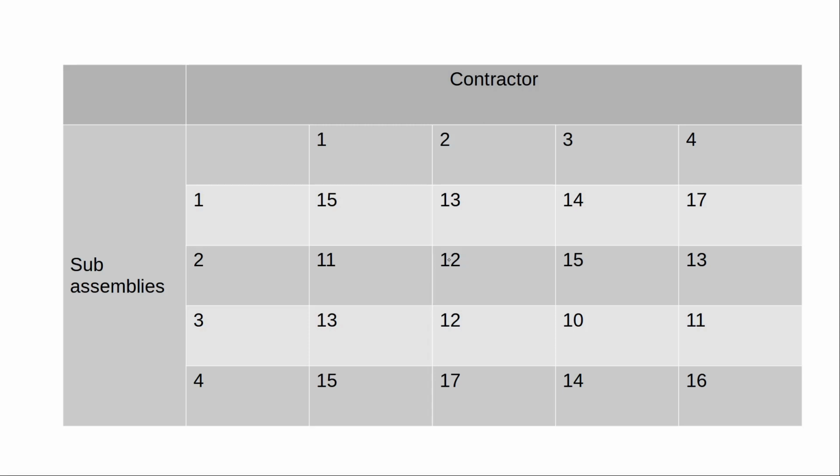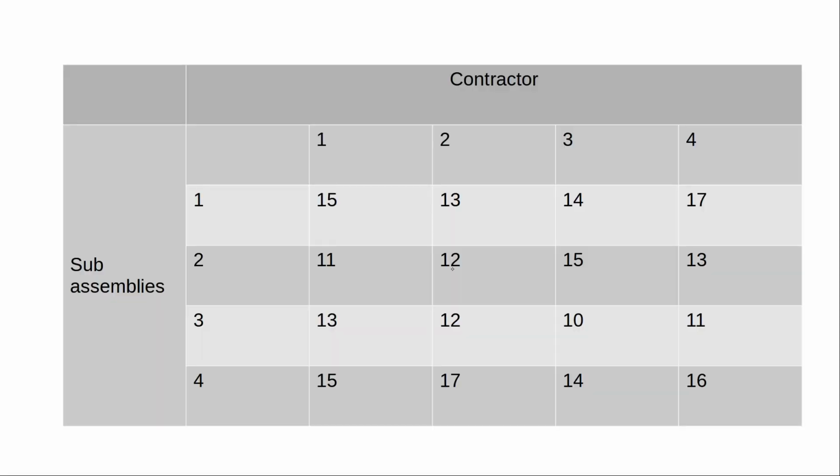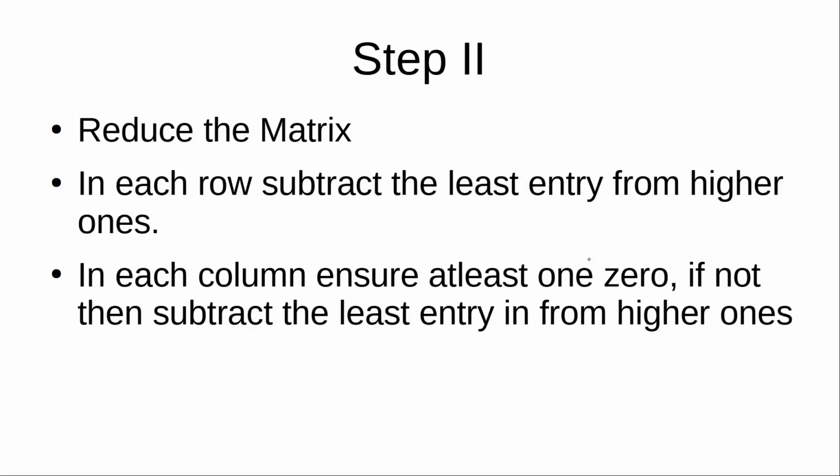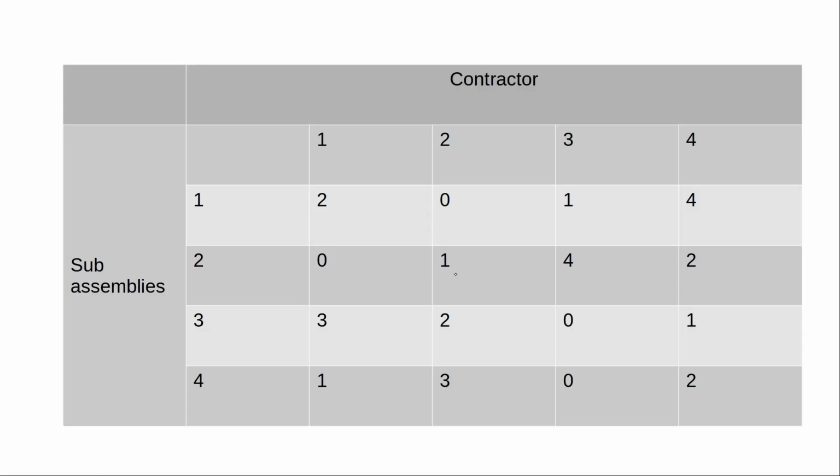We get 1, 4, and 2. So there we are, we have 1, 4, and 2. Similarly, the same thing is done for row number 3 and row number 4.